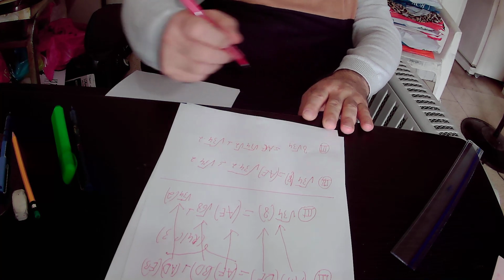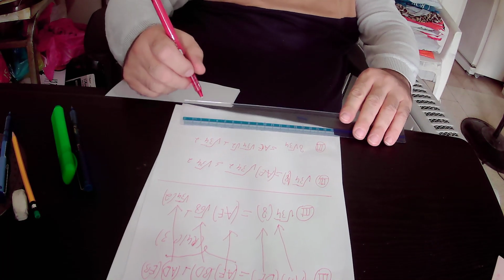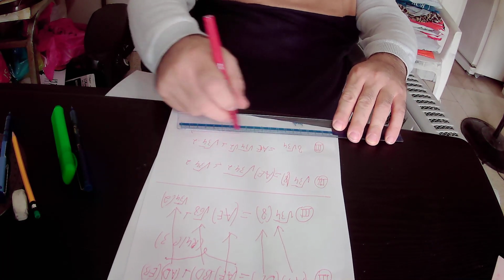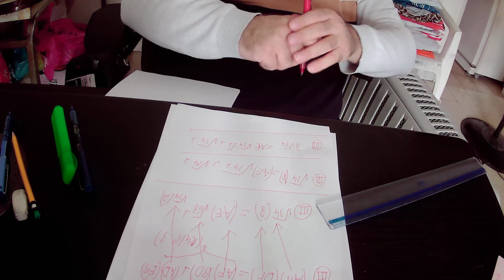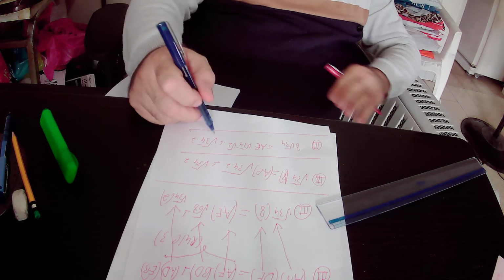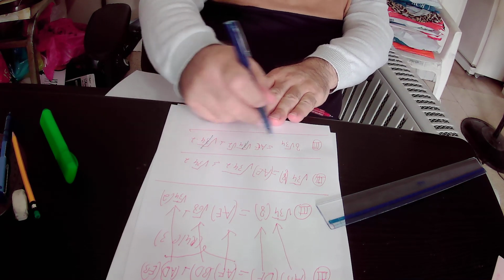Here we divide equation number 3 by the square root of 34, so the square root of 34 gets cancelled.